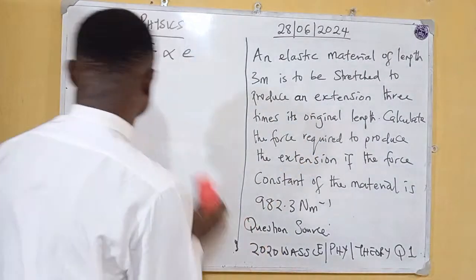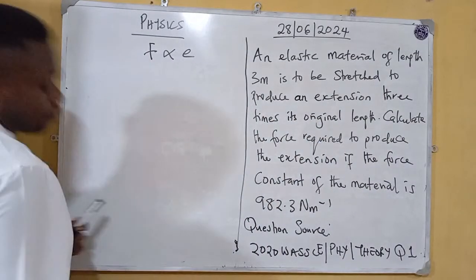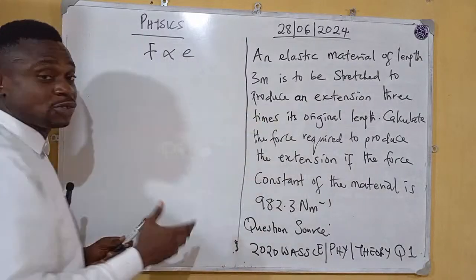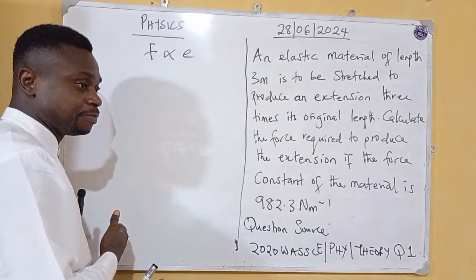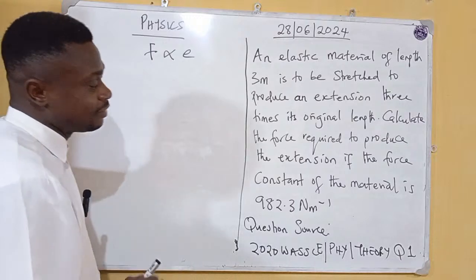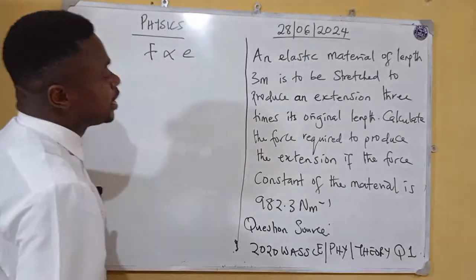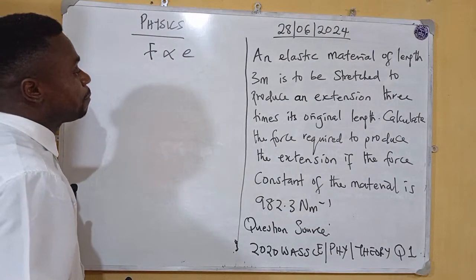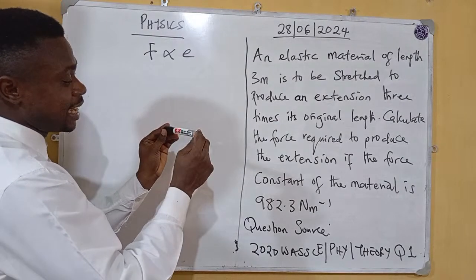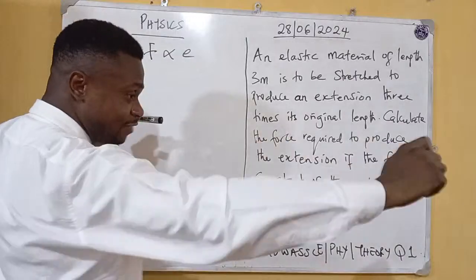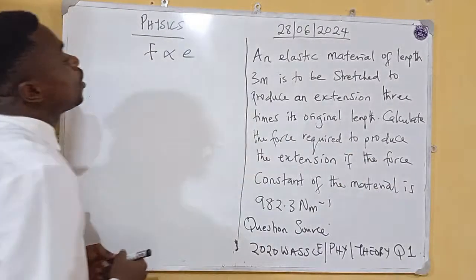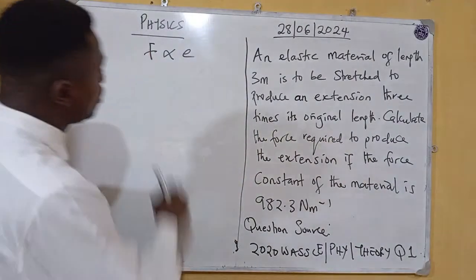All right, so let's continue. This one doesn't require us to find the difference between the original length and the final length, because if you apply a force, the material will extend, and that difference is the extension. Okay, now let's look at the question. Let's now solve the question.